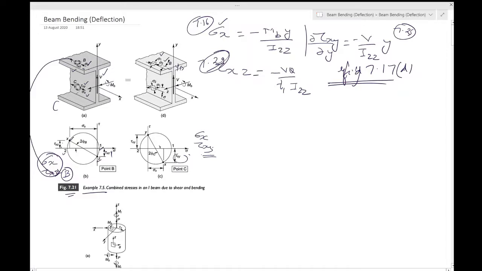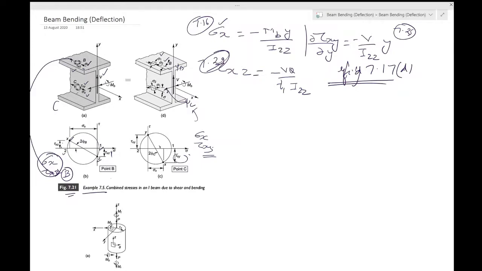You form this to find xy, then give a rotation psi c to convert into the principal system. That way you would have the values calculated. So this is constructed, and using this and this, you are able to move to the principal stresses sigma 1 and sigma 2 at points B and C.